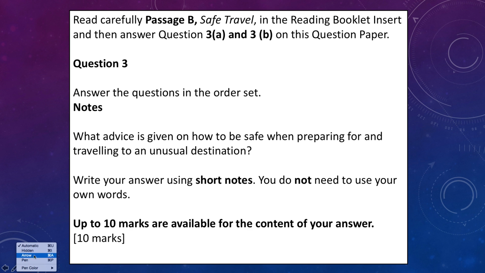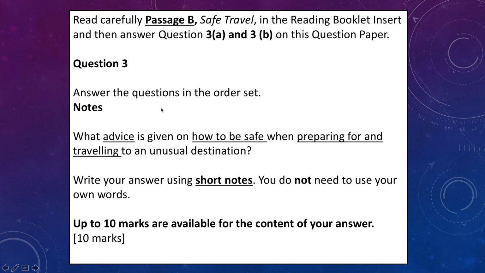This is question 3A. So when we're thinking about notes, we're thinking about 10 marks, and it's always going to be question 3A. Have a think about what would be the key words in this question for you to underline. Here they are.